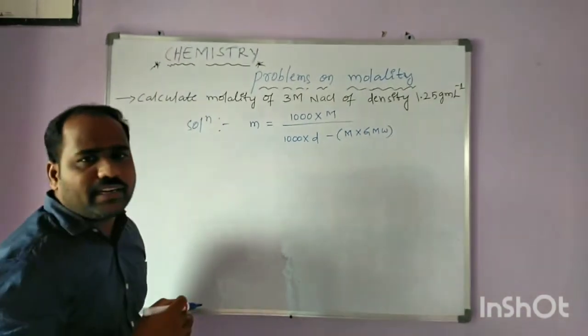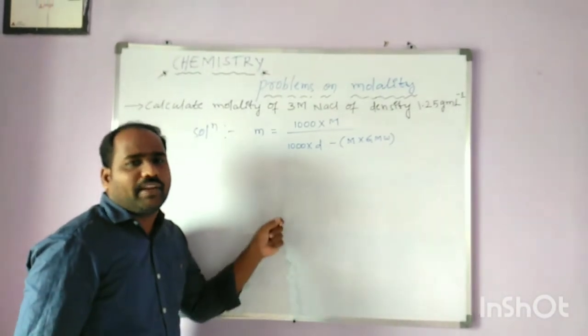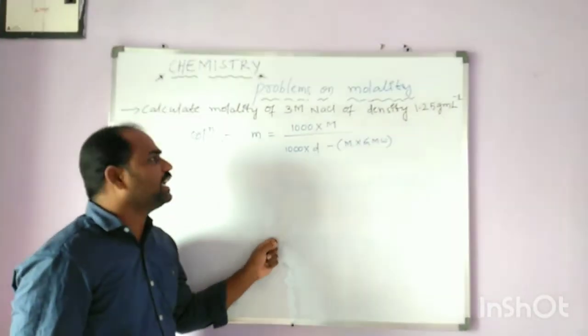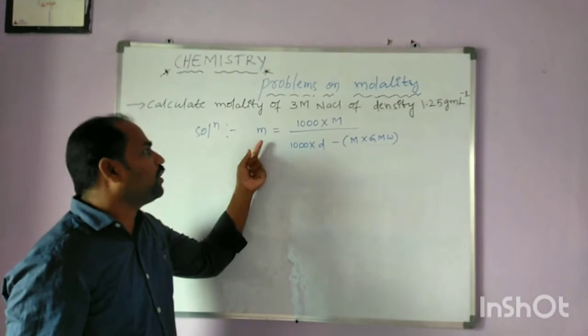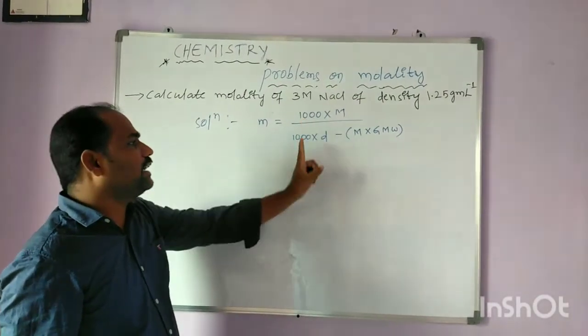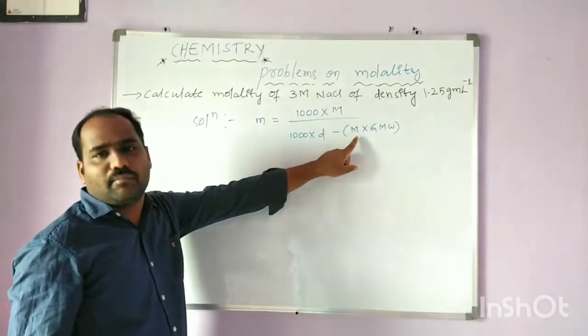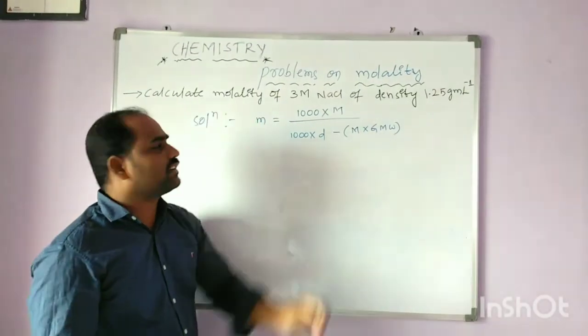Molality small m is equal to 1000 into capital M by 1000 into density minus molarity into gram molecular weight.